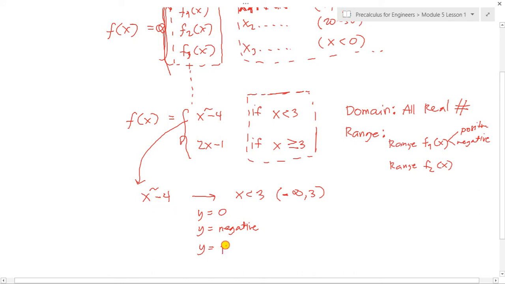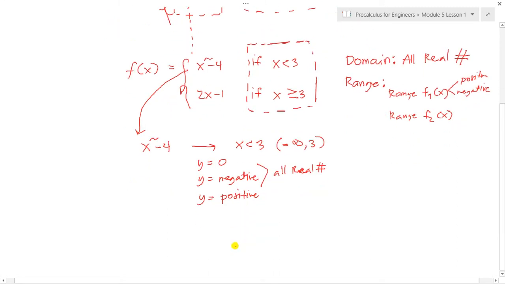So we can have here positive. Therefore, class, for our first range, for our first function sa piecewise, kani is all real numbers na dayon, di ba? Kabantay mo, class? All real numbers dayon.